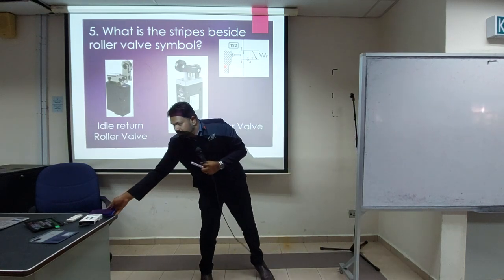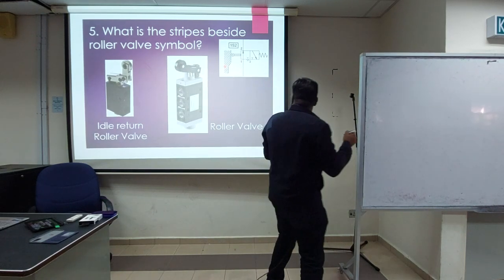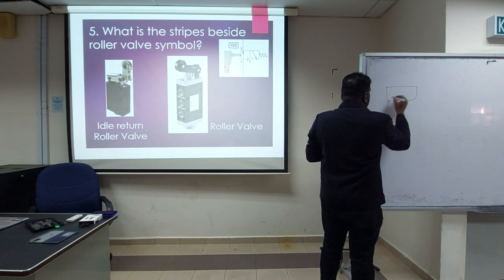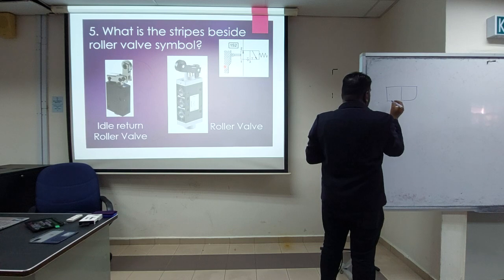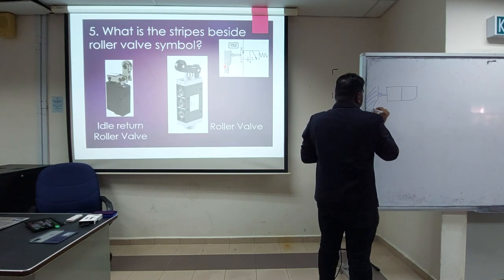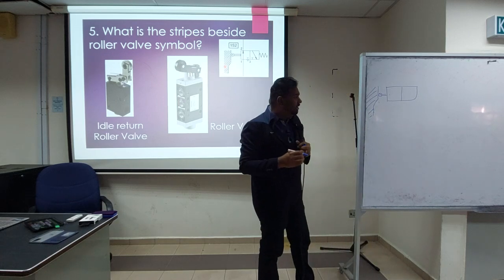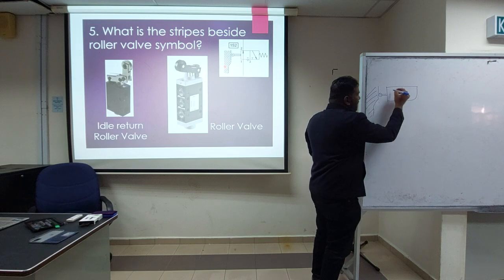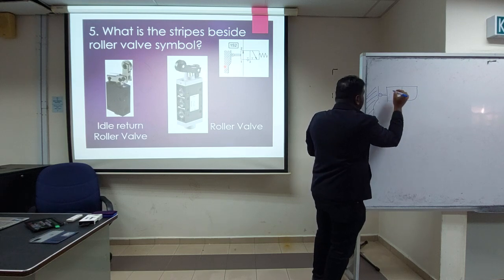Okay, so you have a valve, and you have a roller. So you can see here, first you tengok kalau ada simbol ni, it will be activated at this side.